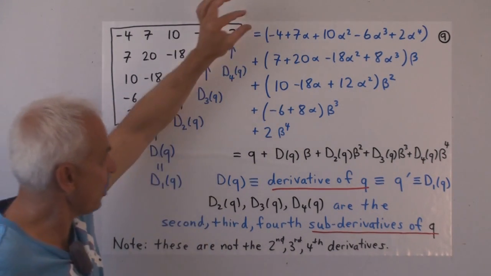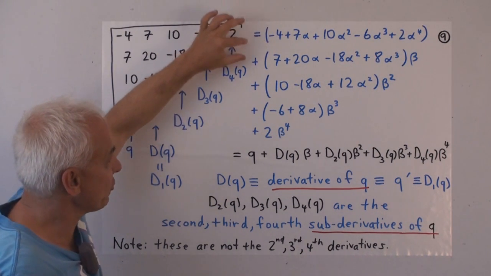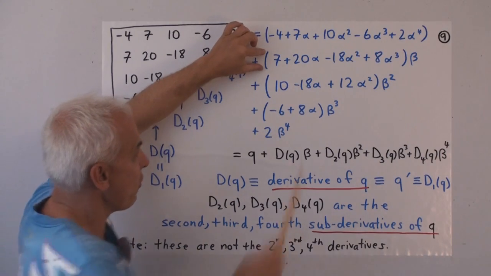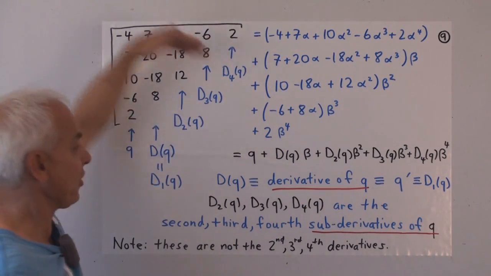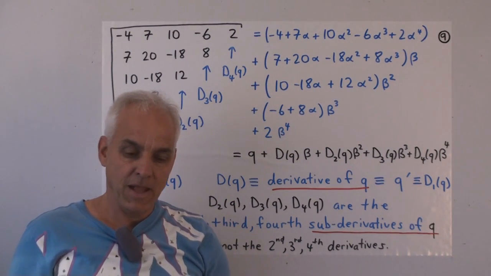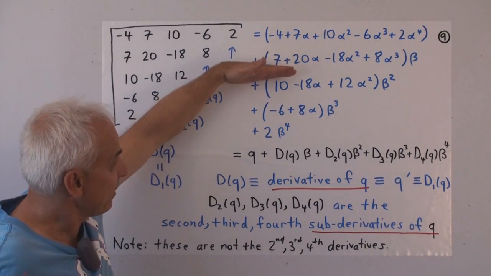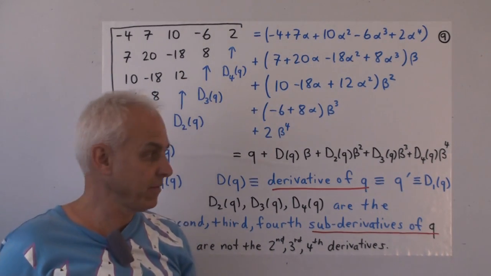We can say that if we start with a polynomial q, or a polynumber q, then its derivative is the next coefficient of beta in the Taylor polynumber associated to q. And that also suggests that these further or subsequent coefficients are also going to be important.